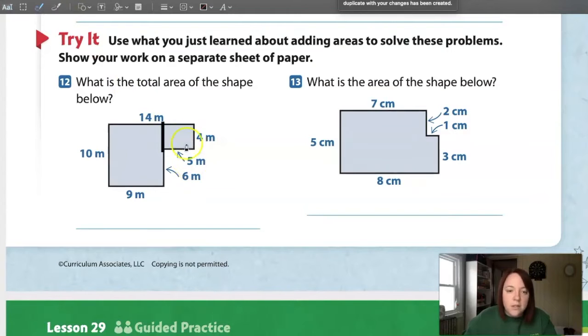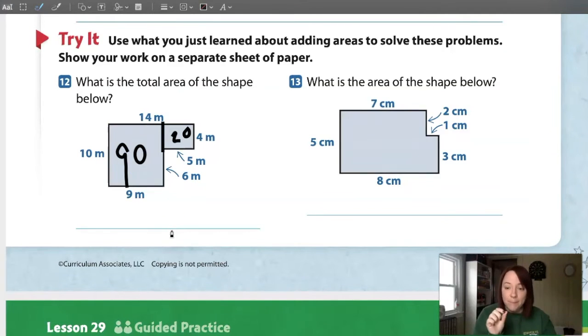So we said 4 times 5, which is 20. And we know that 10 times 9 is, whoa, 90. Good. So in that, we have 90 and we have 20. Now I need to figure out how to get those two shapes together so we can add them to get the total area.